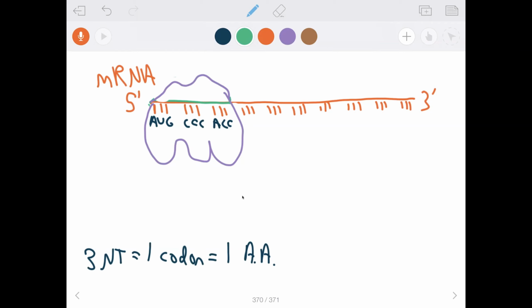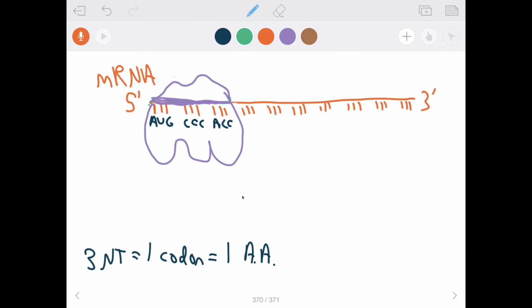What is the anticodon to this? What would be the matching codon that would pair with this? Because it's going to call the tRNA over, and it says, hey, the tRNA that has this anticodon needs to come over here. What would be the matching sequence with AUG? The matching anticodon. I'm going to give you a second to think about it.